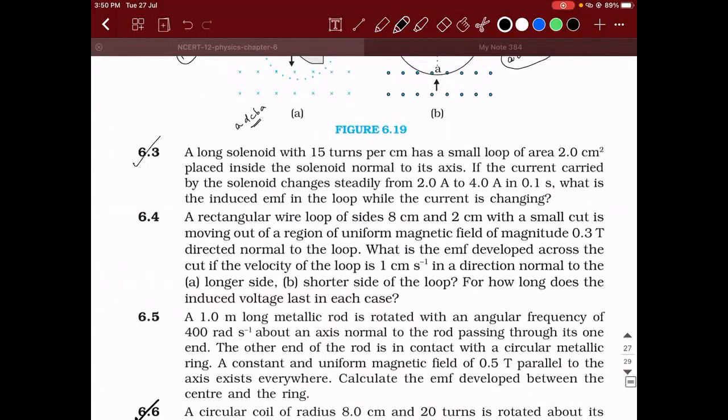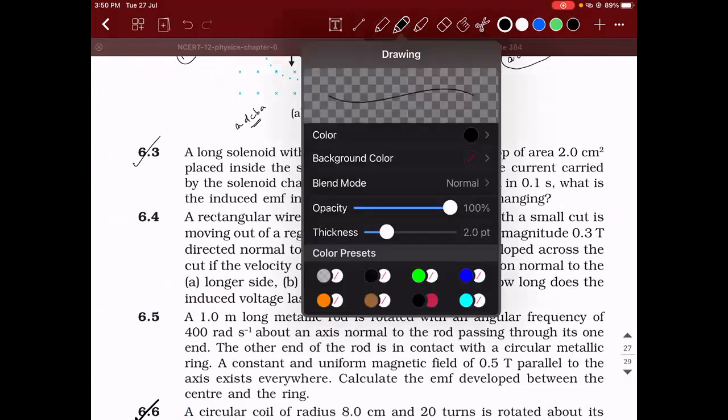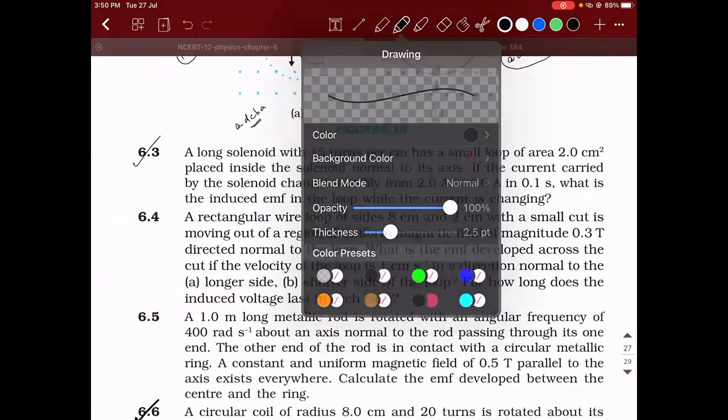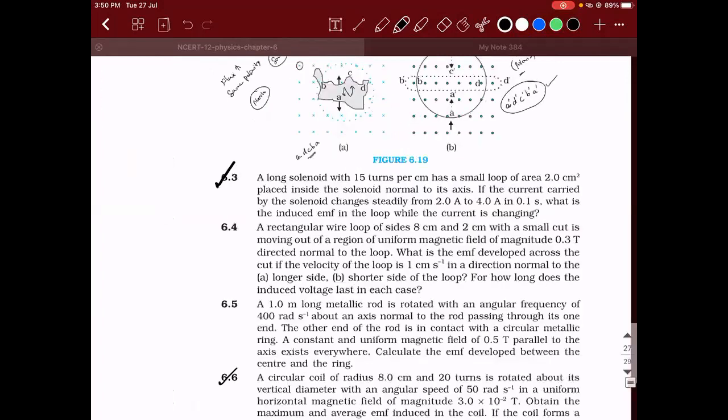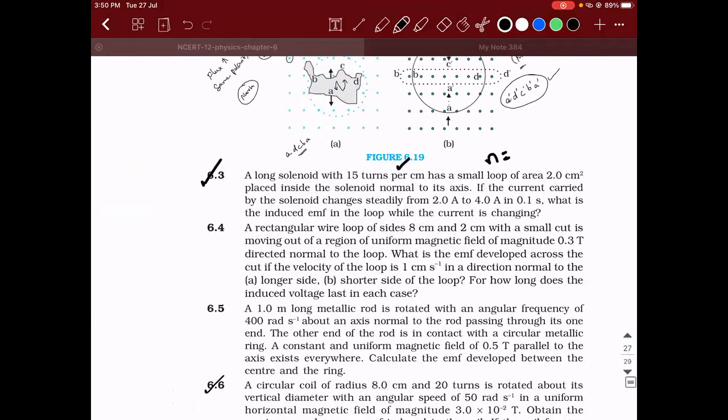So try 6.3. A solenoid with 15 turns per centimeter, so small n is equal to 15, has a small loop of area 2 centimeters squared placed inside the solenoid normal to its axis.